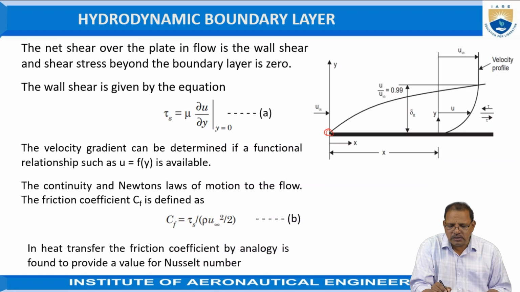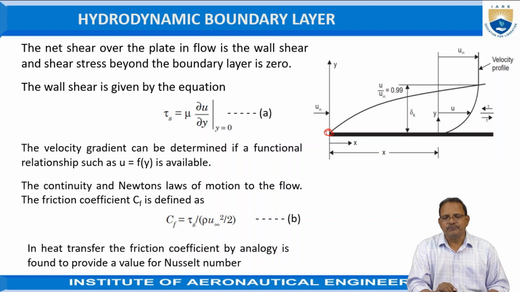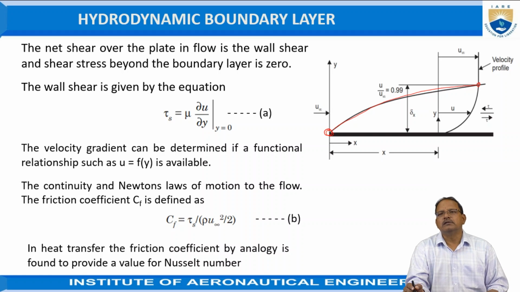Here at this moment the shear stress is maximum, and on moving towards the left side, somewhere the maximum velocity is attained such that the ratio of the layer velocity to the initial velocity is approximately 0.99 or equal to 1 now. That means at this moment the shear stress present at this layer is equal to 0. But it has maximum values when it is touching the surface of the plate now.